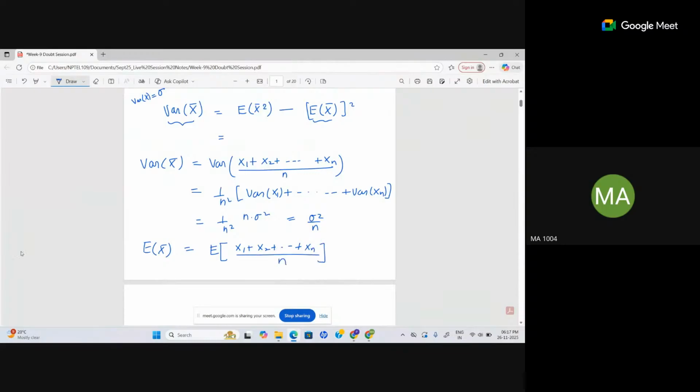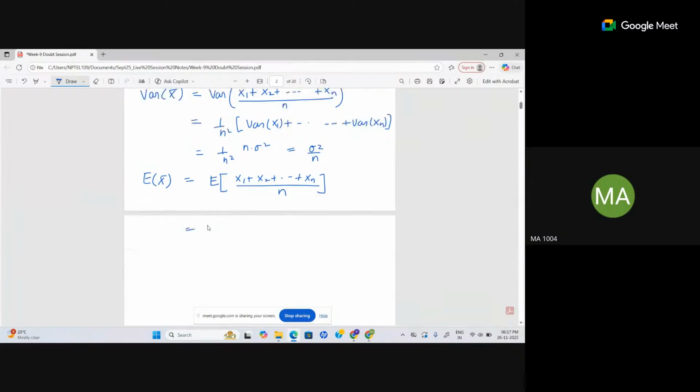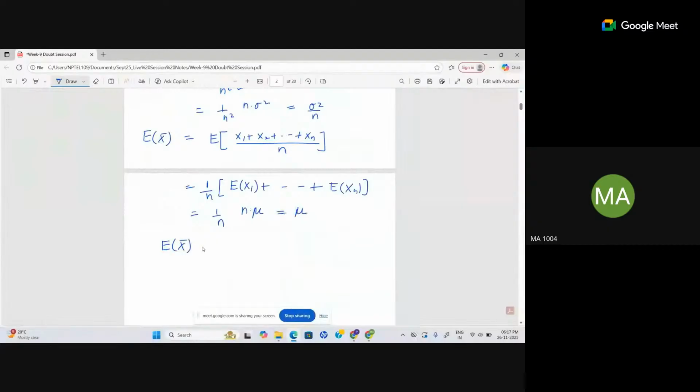So this will be 1 upon n times expectation of x1 up to expectation of xn. So this is 1 upon n and this will be n times mu. Ultimately this will be equal to mu. So expectation of x bar is equal to mu. Is this thing clear to everyone?